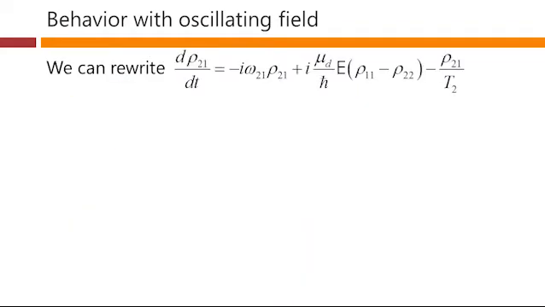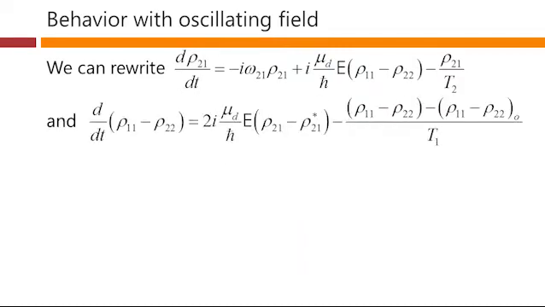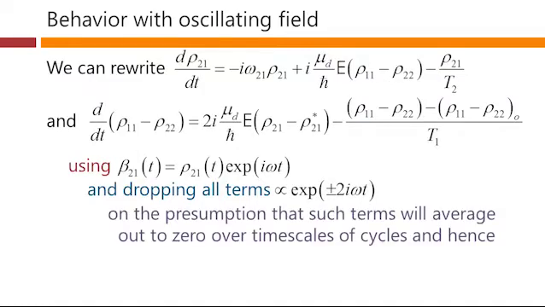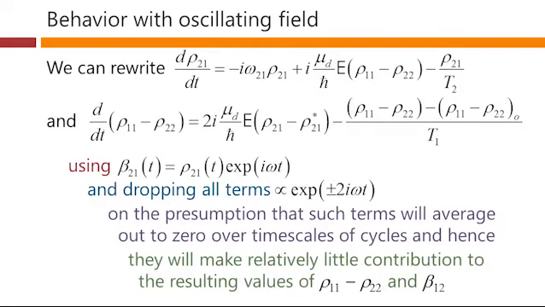We can then rewrite this equation we had for the off-diagonal terms in the density matrix, and also the equation for the diagonal elements, the population difference, using these elements and dropping any terms that come out to be proportional either to e to the plus 2i omega t or e to the minus 2i omega t, on the presumption that terms like that will average out to 0 over timescales of cycles, and hence they will make relatively little contribution to the resulting values of these quantities.